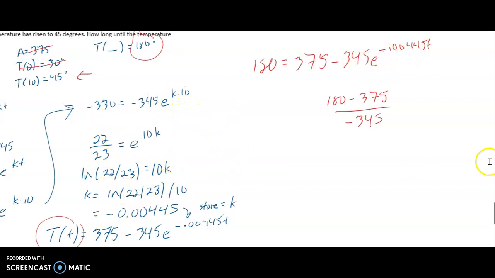This fraction would be the same as this piece. I've got that e to the right there. What's the opposite of e to the? It's ln. And then my next step is to divide by this coefficient, so divided by negative 0.00445. This is what t is equal to. That's the time it'll take to get to 180 degrees.